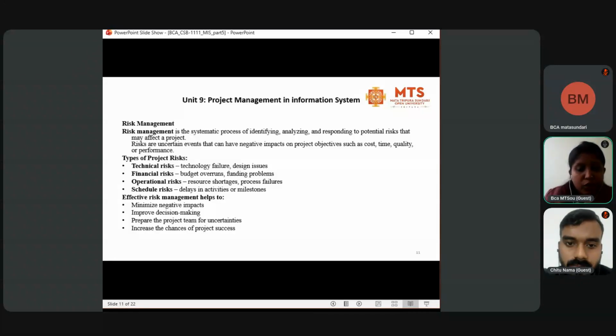Effective risk management helps to minimize negative impacts, improve decision making, prepare the project team for uncertainties, and increase the chance of project success.